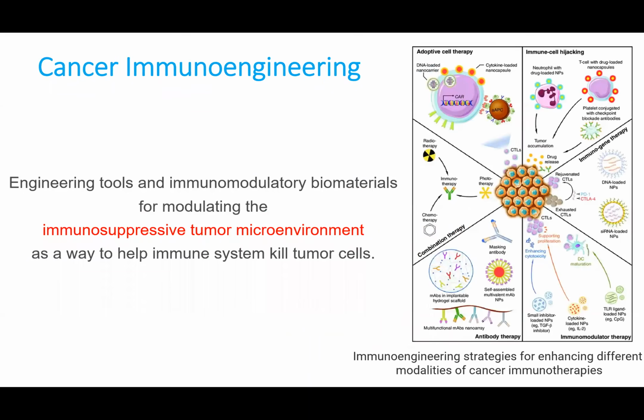When we focus on cancer immunoengineering, and this is my focus, we use those engineering tools and immunomodulatory biomaterials for modulating the immunosuppressive tumor microenvironment as a way to help the immune system kill the tumor cells. Our problem in cancer is that the tumor microenvironment is immunosuppressive in nature, and we will talk about the reasons for this.